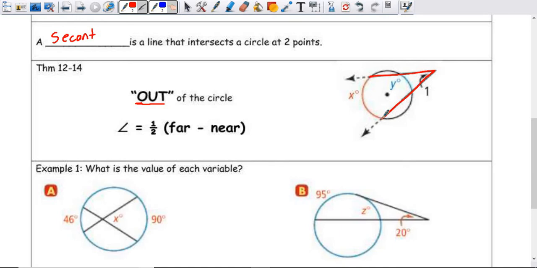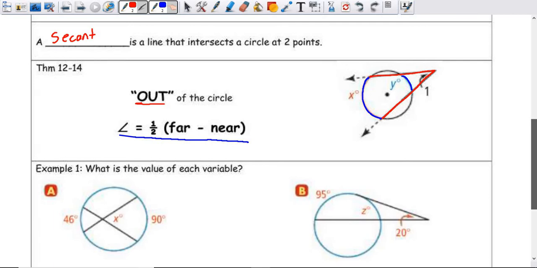Whenever we do that, we know the angle is going to equal 1/2 of the far minus the near. So one way that I always tell students is to remember the TV show Inside Addition. Well, if you remember Inside Addition, then you would know outside you do the opposite, which is subtraction. So for this one, we would take 1/2 of whatever x is minus whatever y is. So you do x minus y, then cut it in half, all right?